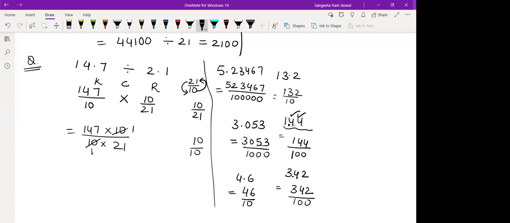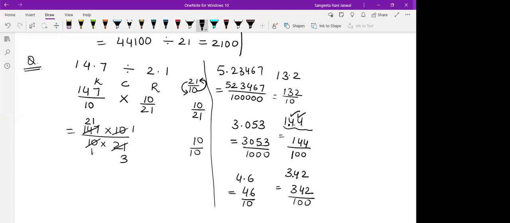Are you understanding? Okay. So now I can cancel 7. 21 comes in the table of 7 and I can see this number will also come in the table of 7. 7 3s is 21, 7 2s is 14, 7 1s is 7.